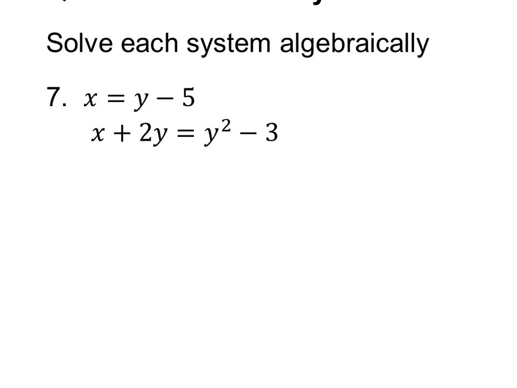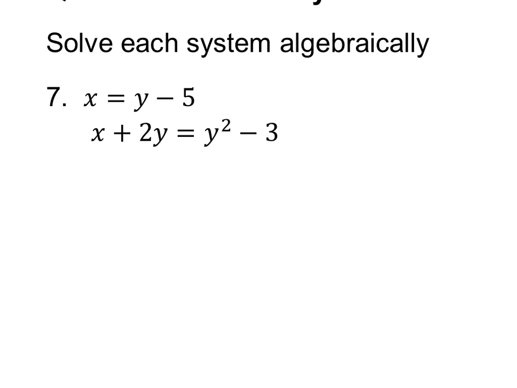This one, number 7, though, if you tried to graph this in the graphing calculator, you'd have difficulty unless you solved everything for y. And since our quadratic is written as y squared, the only way you could really graph that in the calculator is if you changed your x's to y's and your y's to x's. So we're not going to do that. We're just going to solve this with the variables that it has.